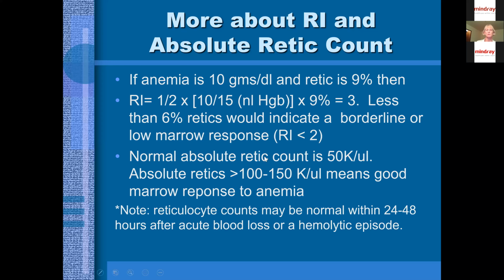The normal absolute reticulocyte count is about 50,000 per microliter. If you have an absolute reticulocyte count of more than 100 to 150,000, that means the marrow is responding well to the degree of anemia. And again, remember that reticulocyte counts may lag if you have an acute episode of blood loss or hemolysis, maybe 24 to 48 hours later.